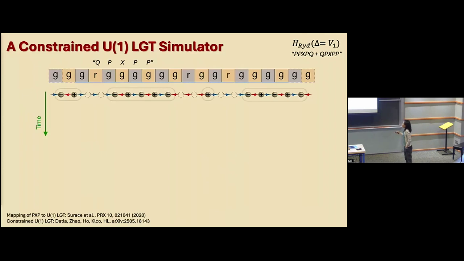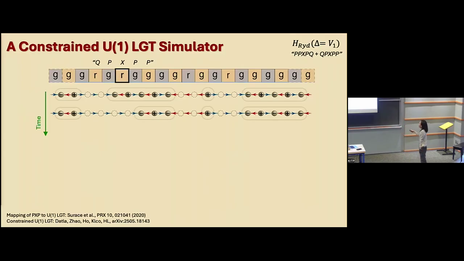For instance, if you've got this part of the Rydberg chain that satisfies the Q projector, the P projectors and so on, then you can actually flip the spin of this atom in the middle. You can change that from a ground state to the Rydberg state. And when you've done so, in this language of electric strings and charges, you've effectively shrunk the size of this electric charge cluster over here.